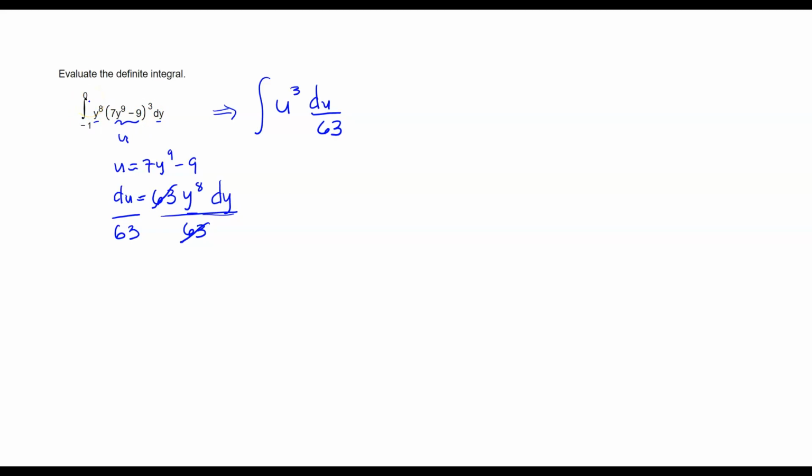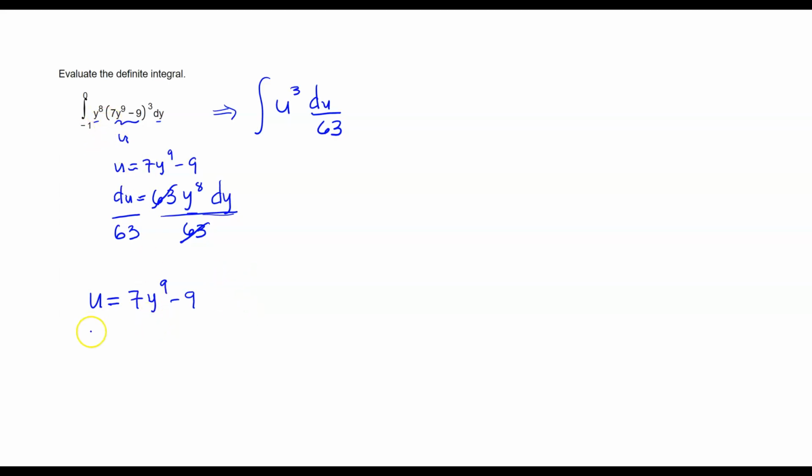So since we did u substitution, we should also change the limits of integration. So you make sure to change the limits of integration as well. So now here, for your u, so using this, your u is 7y to the 9th minus 9. So you change the limits of integration by evaluating your y at these values.